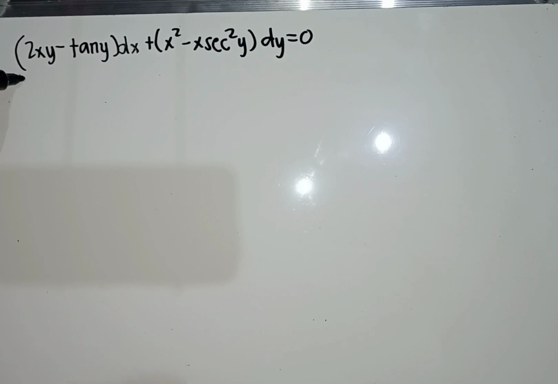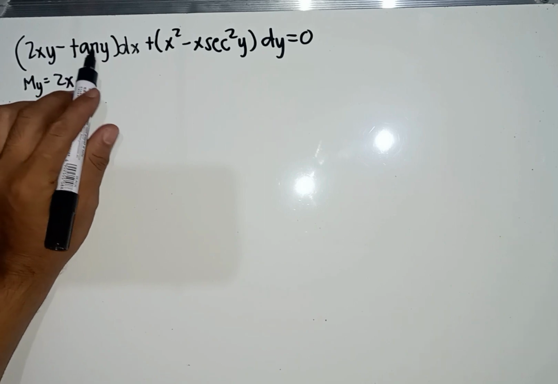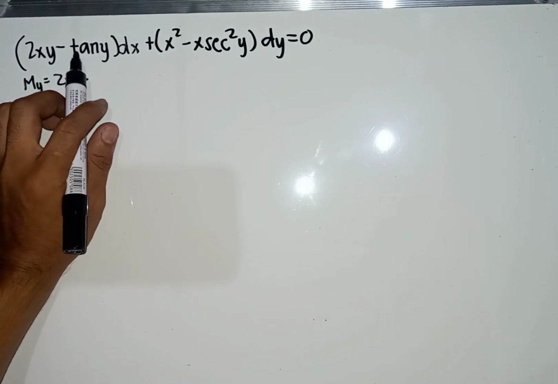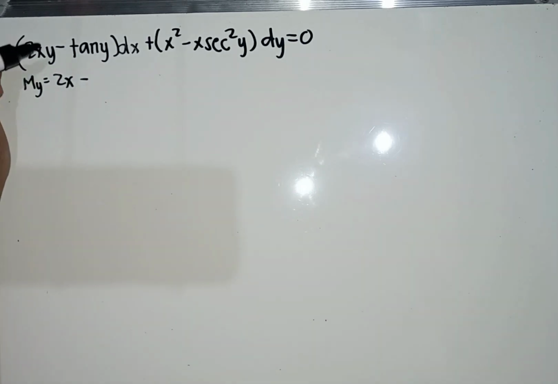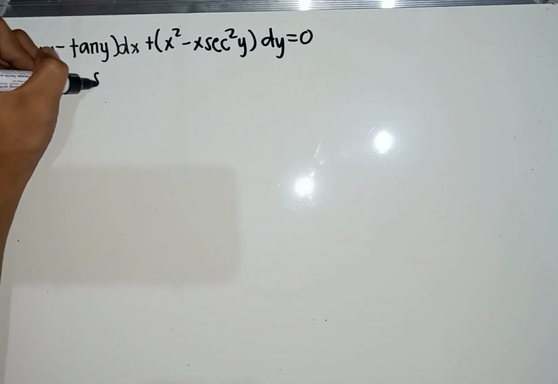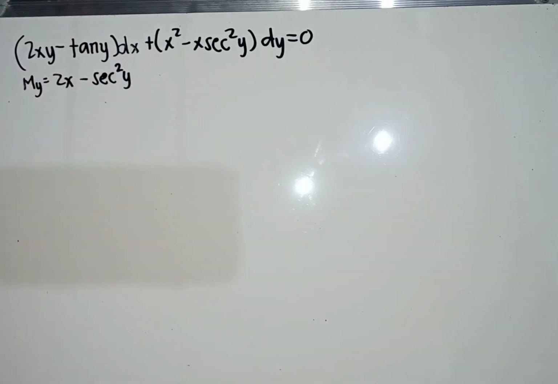So M in terms of y, we have 2x minus the derivative of tangent, which is secant squared y.